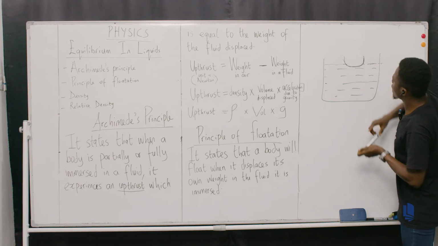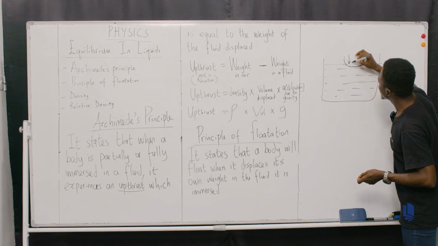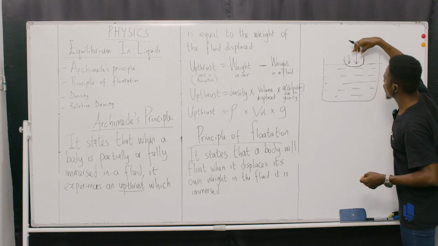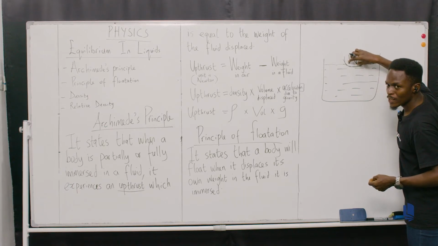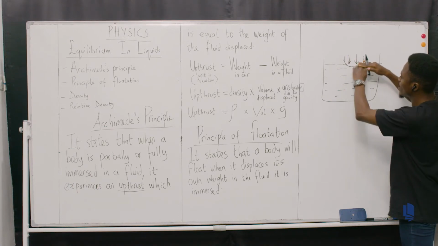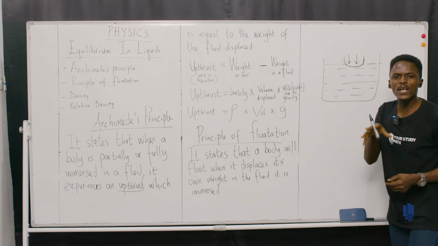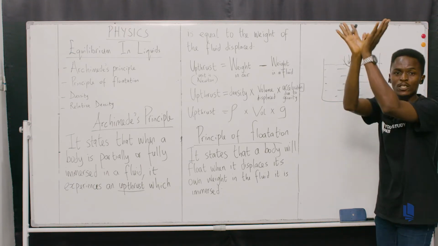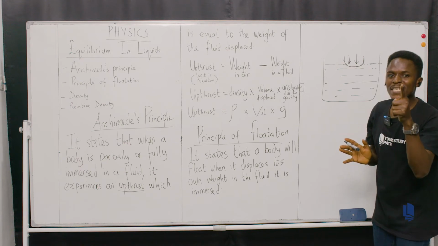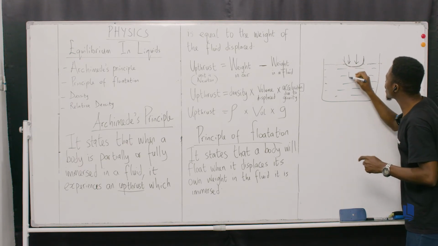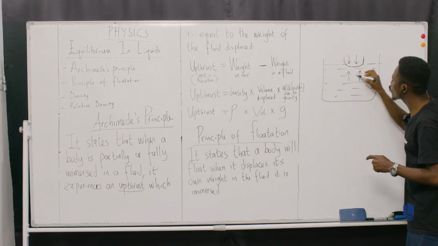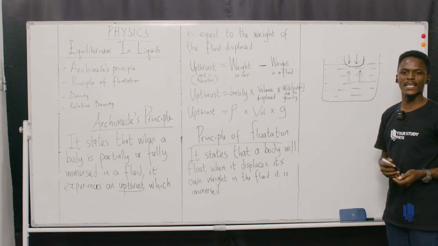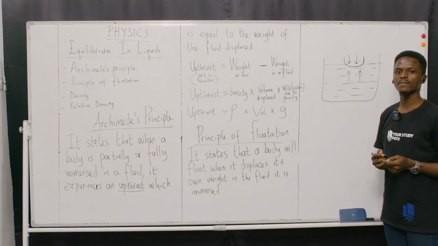You are now pressing your hand inside the container with a force such that it is pushing against the surface of this water. You are going to experience some amount of force that is kind of resisting your hand. And why is that? It's because there is an upthrust force that is tending to balance the weight of this container inside the liquid.